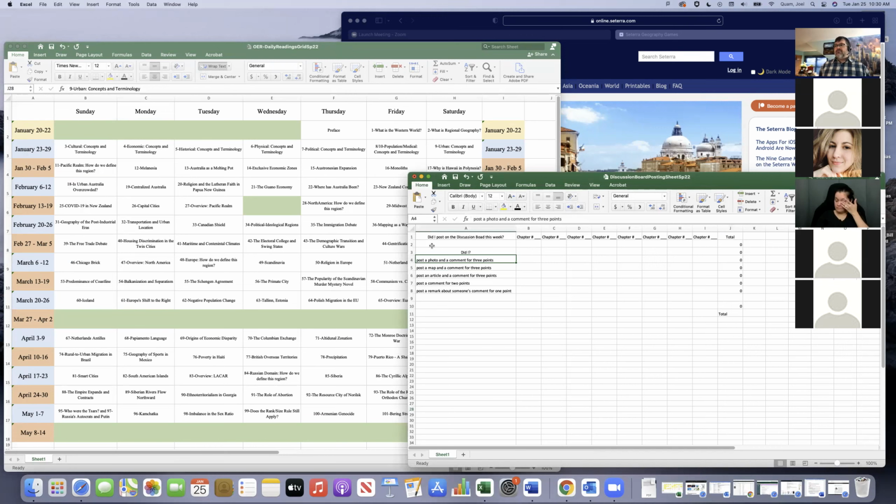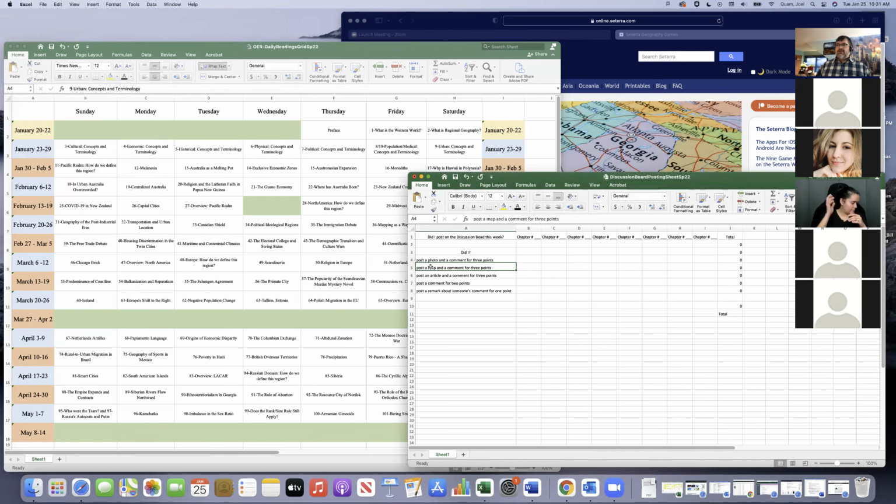You can go to the discussion board for a chapter and you can post a photo and a comment to earn 3 points. So if it was that Iceland chapter, you could find an interesting photo about Iceland, post it on the discussion board, write a short comment about it, and you'll get 3 points.